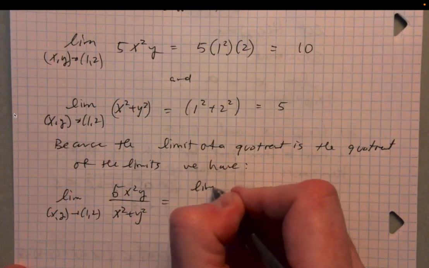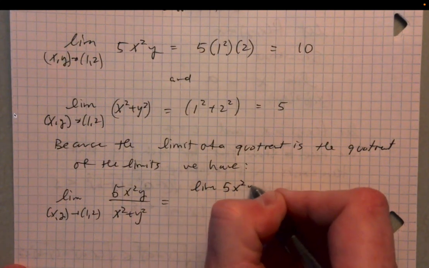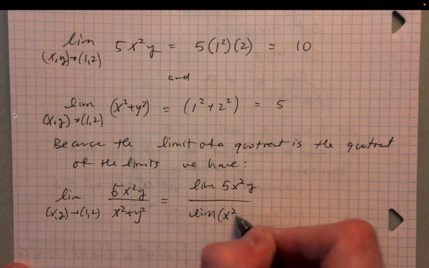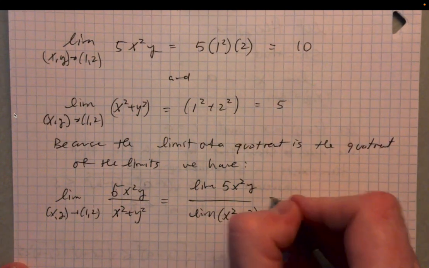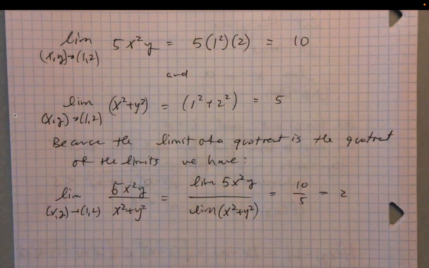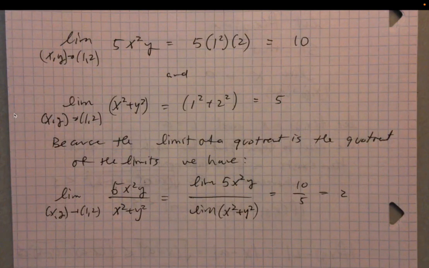We take the limit of the top part and divide it by the limit of the bottom part. We did that up above, so this is just 10 over 5, which is 2. So a lot of the same kinds of properties can be used in the case of limits of multivariate functions.